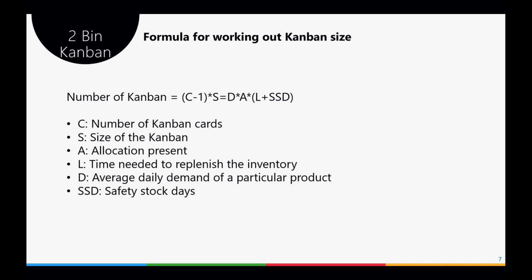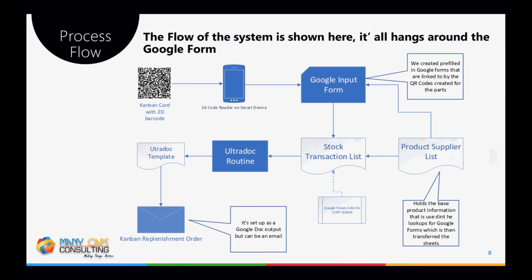But in terms of what we came up with, it was this. So this is how the Google system hangs together, or what we want to do. We want it to be like scan a barcode. We went with a 2D one, using that with ideally your mobile phone, then input that into a Google form.